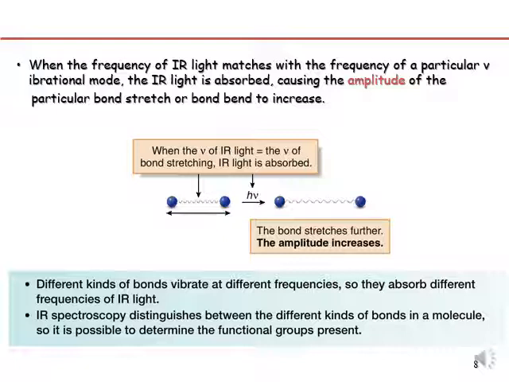Different kinds of bonds vibrate at different frequencies. Let's say you have this molecule, for example, this is a single bond. A single bond will have a longer bond length compared to a double bond. This can affect the detection of the instrument.